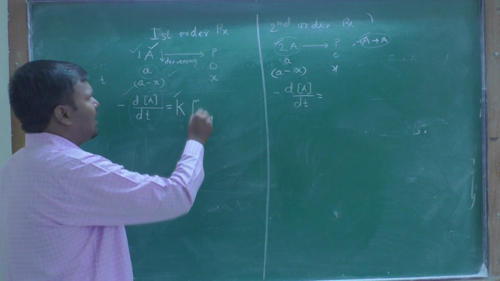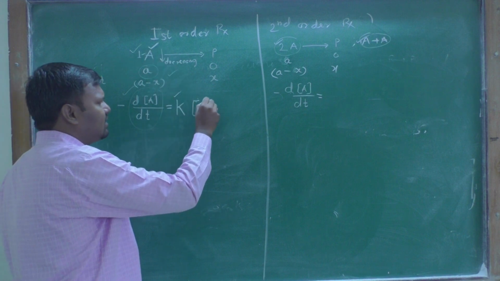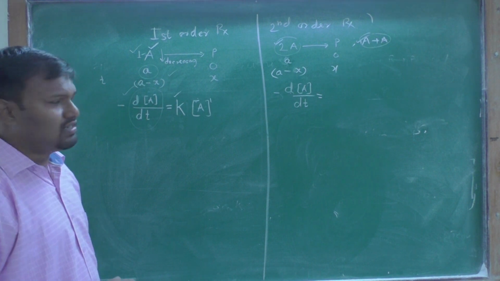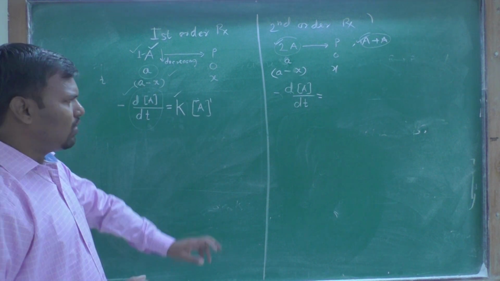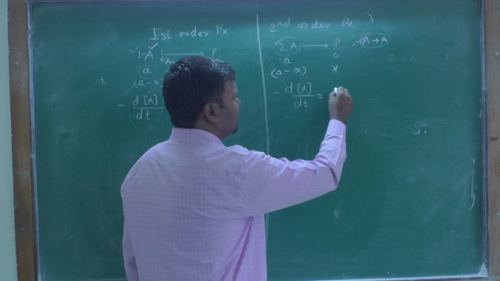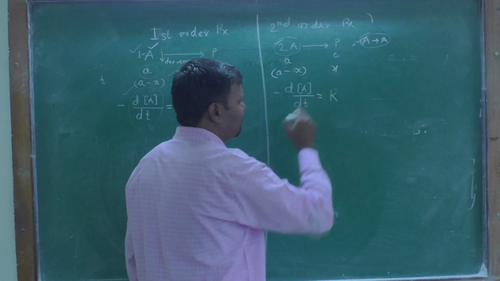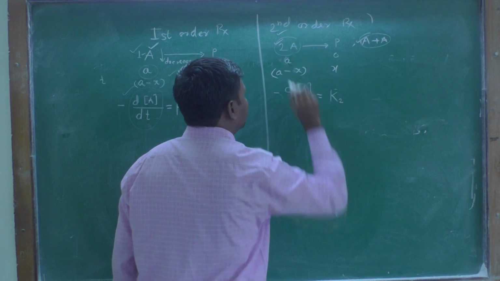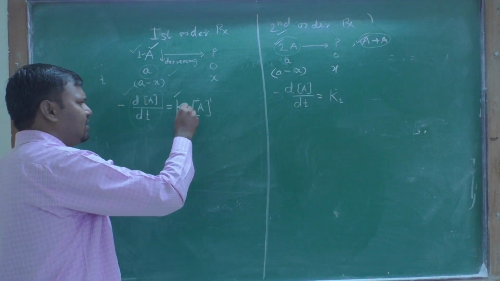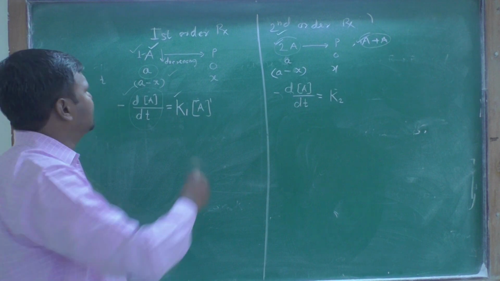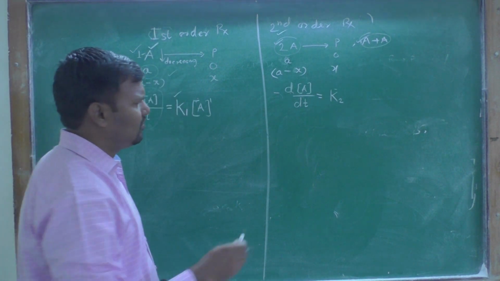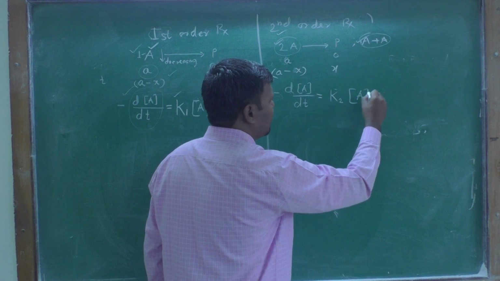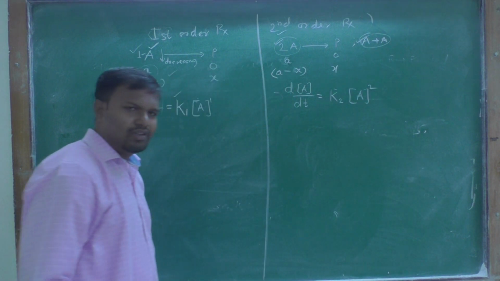We have only one reactant, and it is a first order reaction, therefore we write 1. In the second case, k is the rate constant, therefore we write k2, because we are looking at the second order, and we write A raised to square. Okay, is this clear?